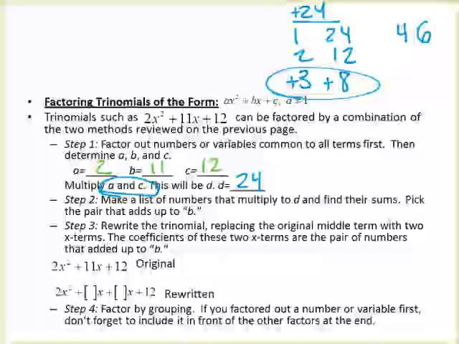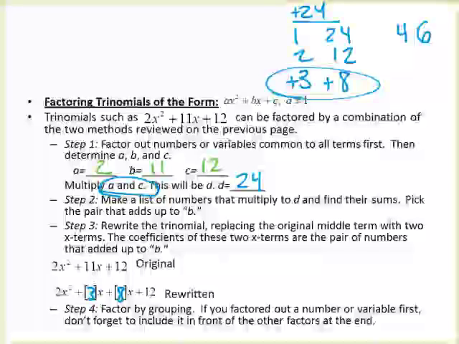Step 3 says rewrite the trinomial. Trinomial just means a 3-termed thing. So we're just going to rewrite the original question, replacing the original middle term, that x term, with the 2 things we just said we could add up to get it. So instead of writing 2x squared plus 11x plus 12, the original problem, we're going to write 2x squared plus 3x plus 8x plus 12, because 3x plus 8x is 11x.